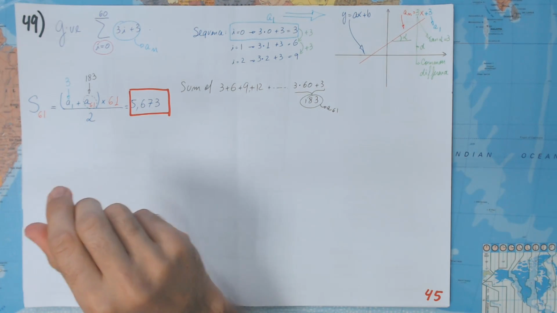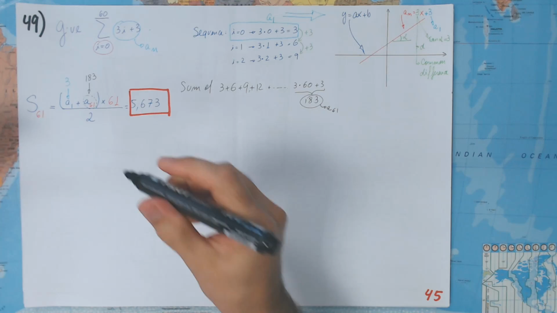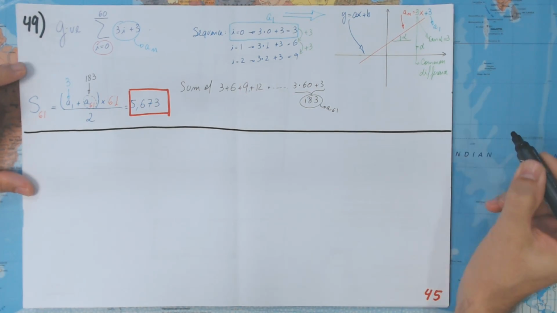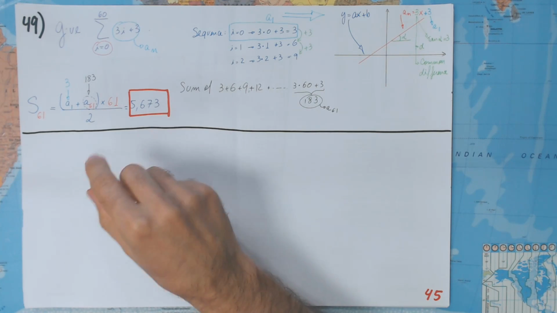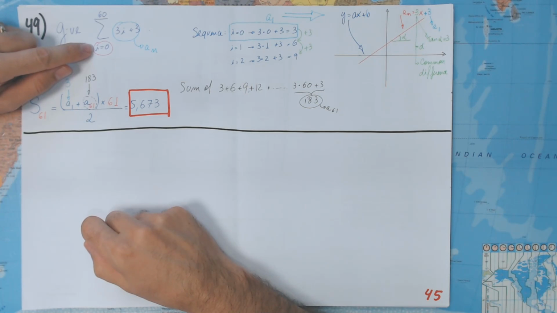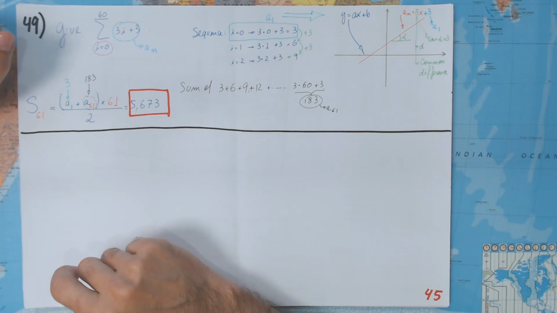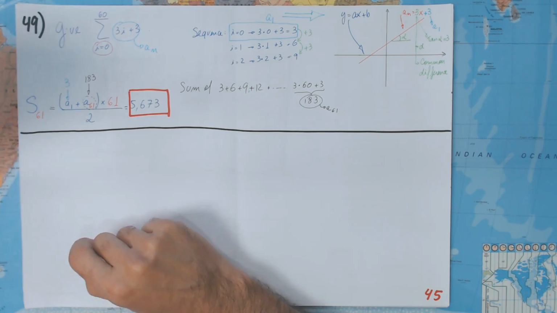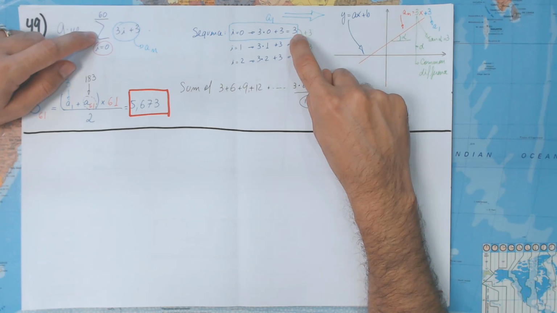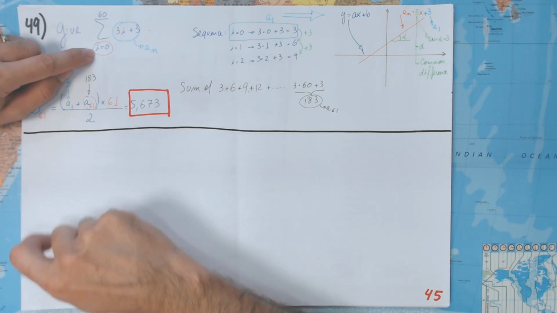Okay, so what I wanted to remind you here, what is important in this exercise? Well, first, just to bring back the concept of the summation. Also, to remind you that from 0 to 60 we have 61 terms, not 60. And also this is going to be our first term, 3 times 0 plus 3, but I wouldn't say that it is n.